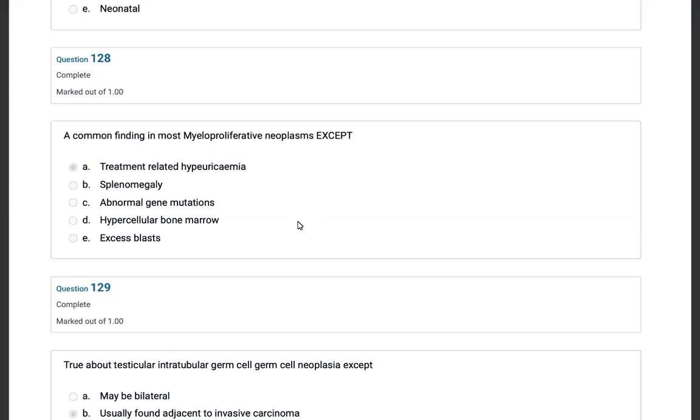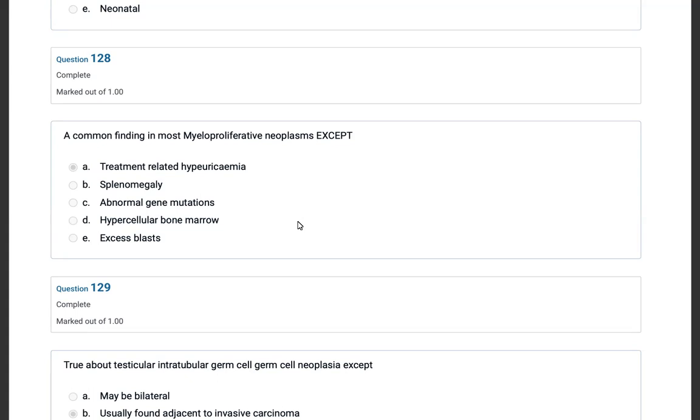Even if you go back to pharmacology and check one of the places where you use allopurinol, an antiuricemic gout drug, it is tumor lysis syndrome.